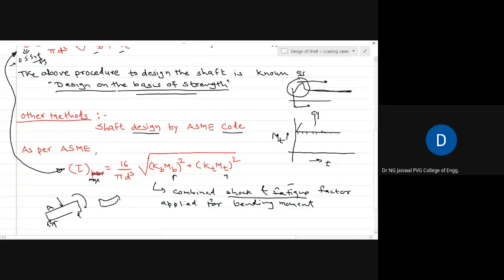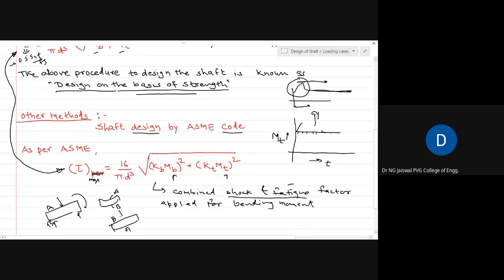It means fiber A is in compression, fiber B is in tension. But imagine that after a half revolution, this fiber will be B and this fiber will be A, because after a half revolution, this will change.